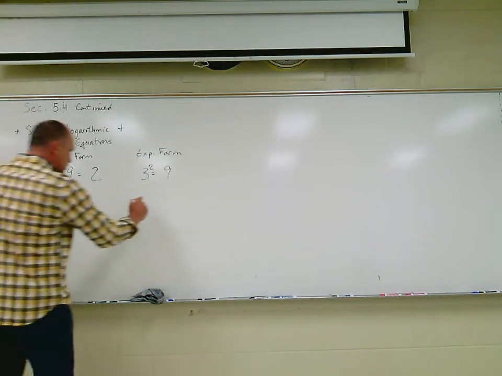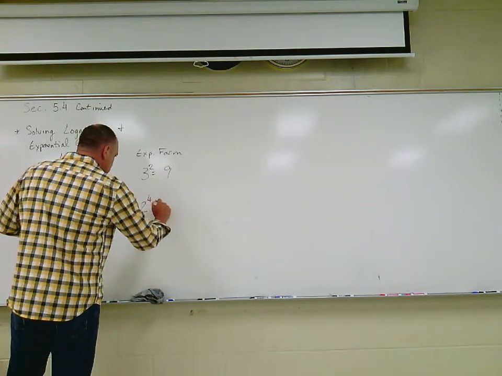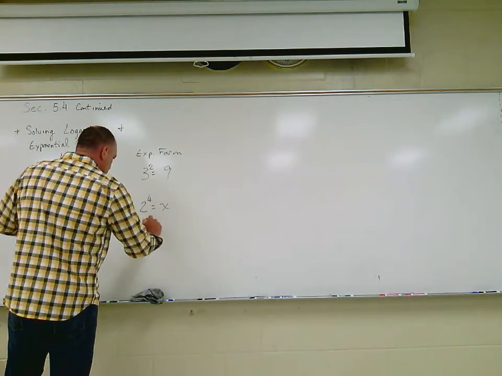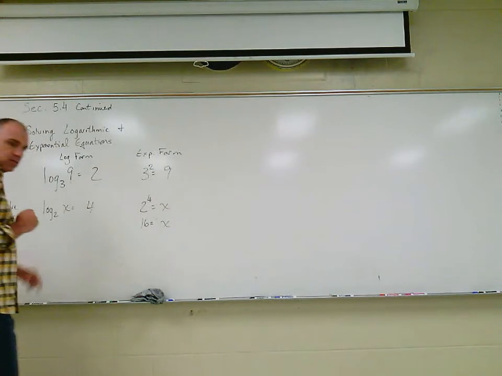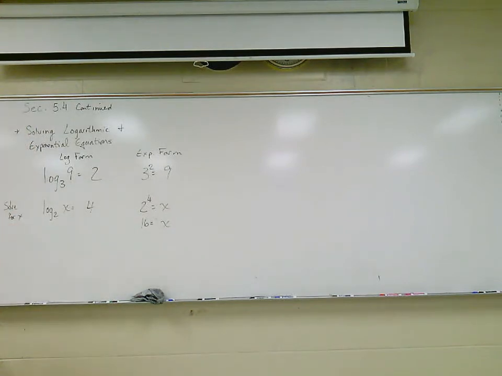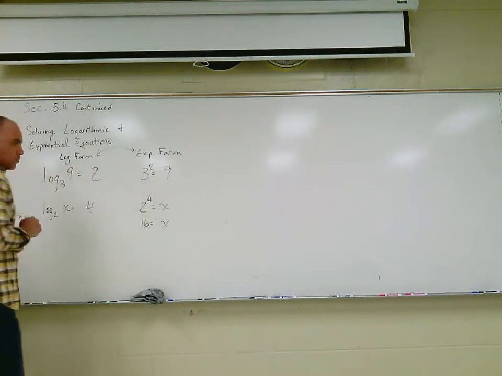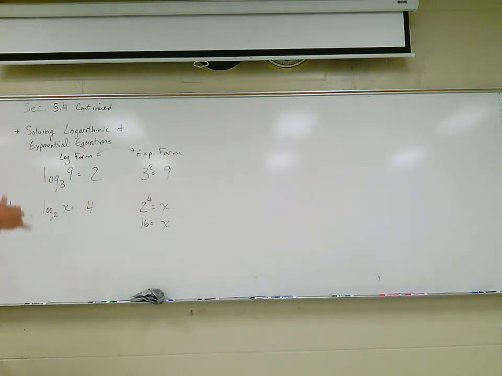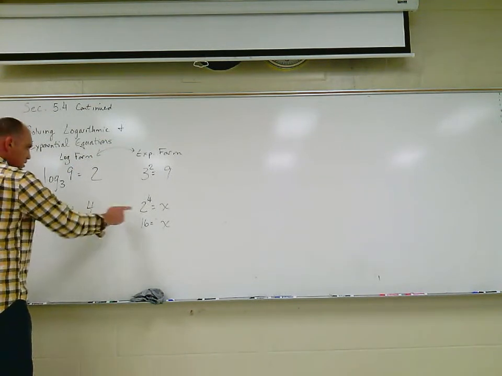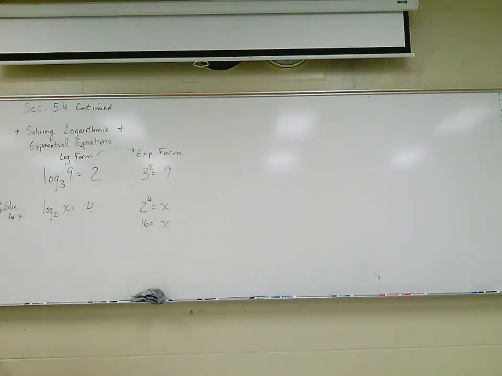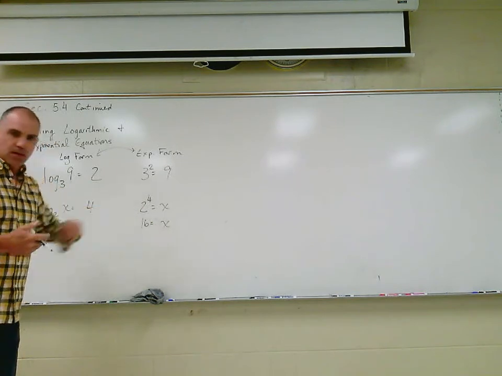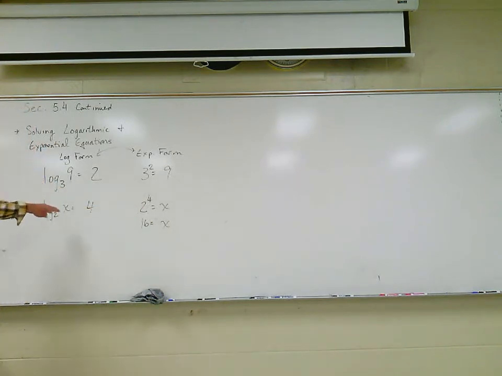We get 2 to the 4th is equal to x, and 2 to the 4th is 16, so now we've solved for x. By having the freedom to go from log form to exponent form, or exponent form to log form, you can rewrite the equation so that the variable is not inside the log, and we can solve.